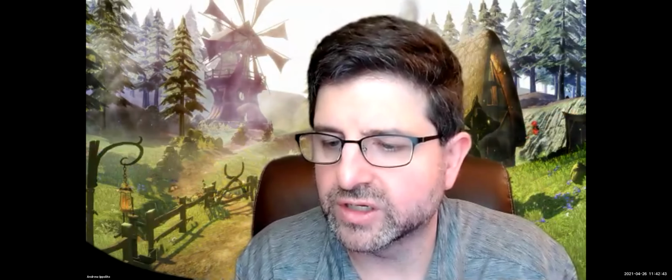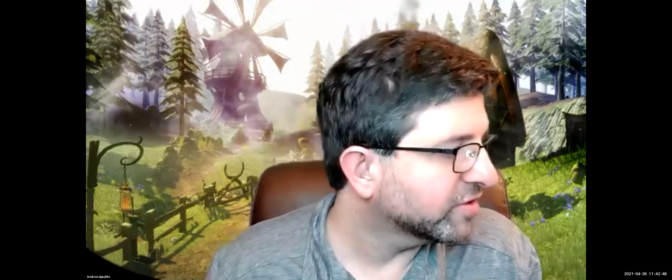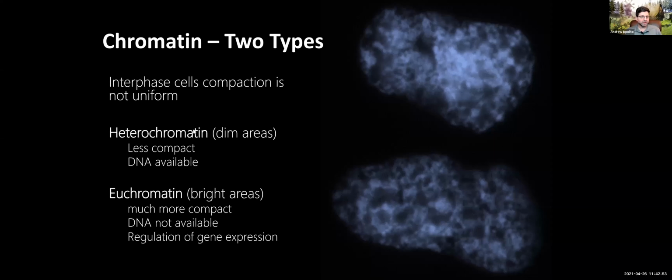Where's the picture? Okay, euchromatin. No idea why these were reversed when I added this, heterochromatin versus euchromatin. Right, if you printed this out, I need you to make this typo fix. Okay. All right, so when you look at this slide, the bright stain is bright because the DNA is open and can get access to the stain.